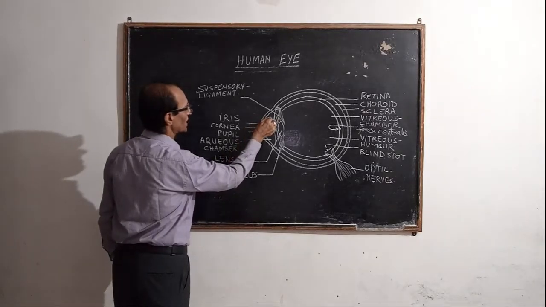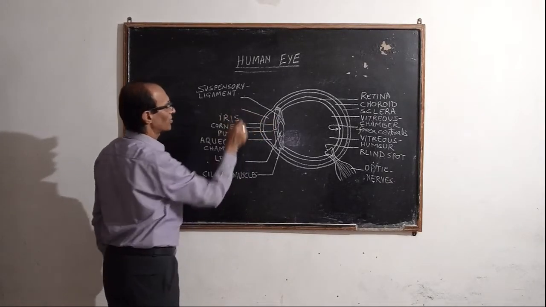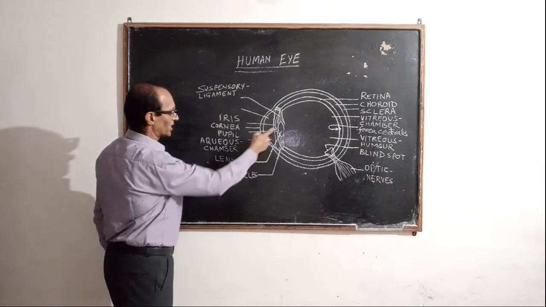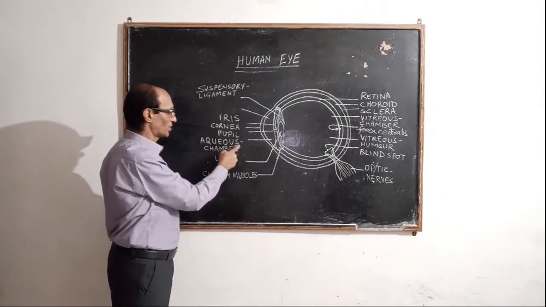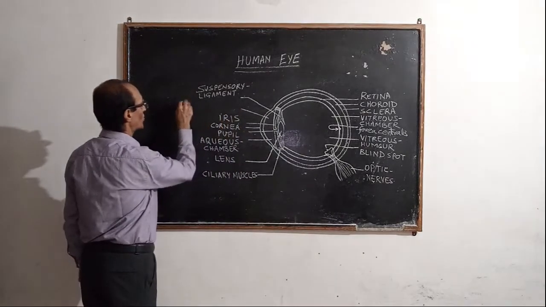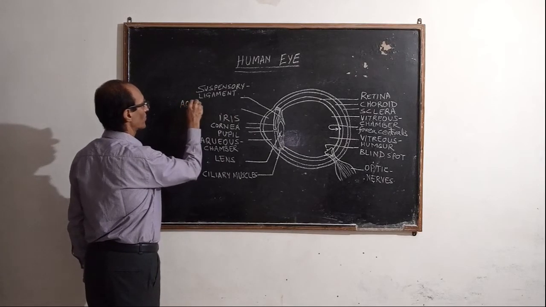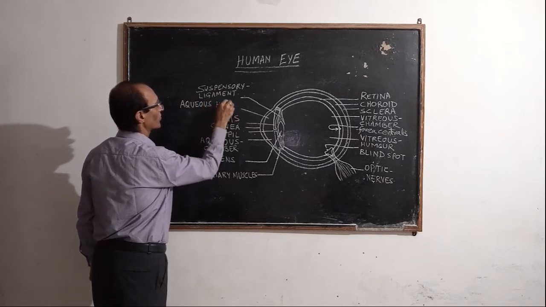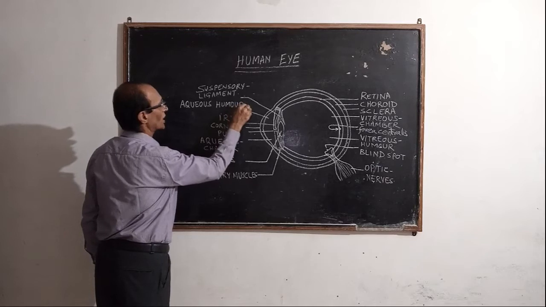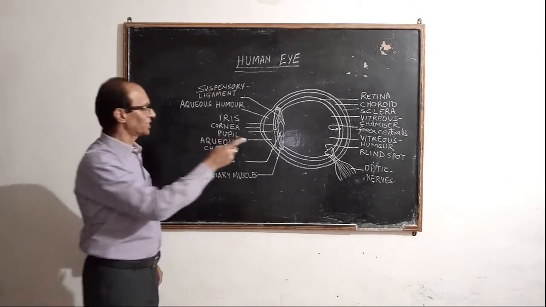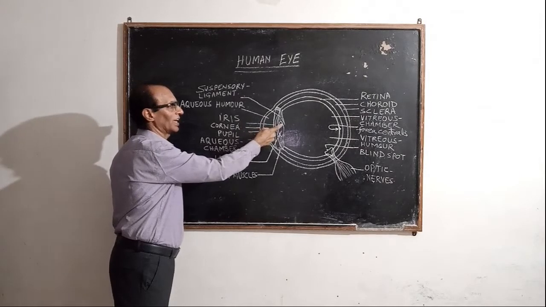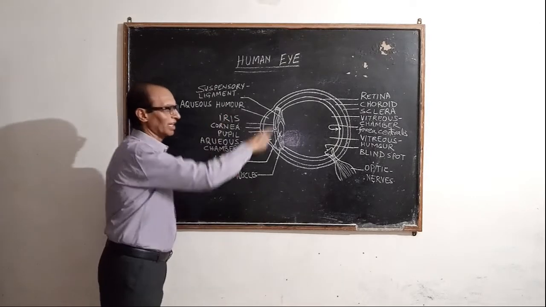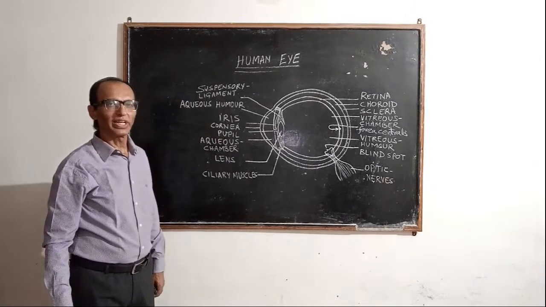And once again, I mark this pointer in between this lens and the cornea. Mind you that one part has already been labeled as aqueous chamber. So this portion is aqueous humor. Aqueous humor is that watery substance present in front of the lens up to the cornea. So these are the various labels as far as the eye is concerned.